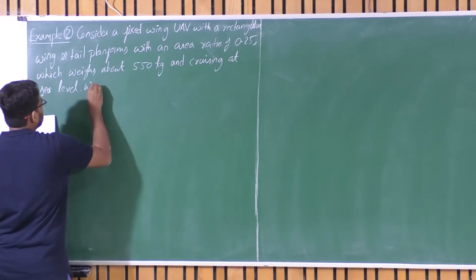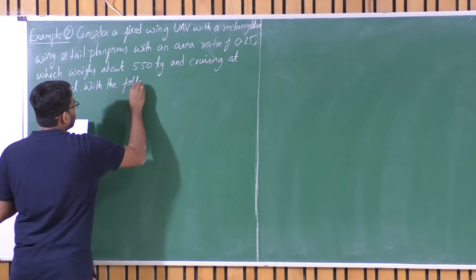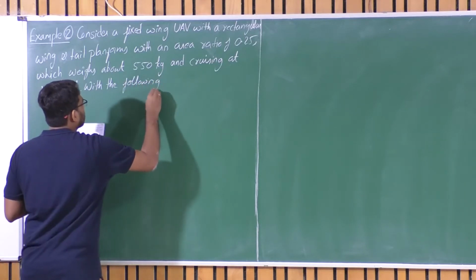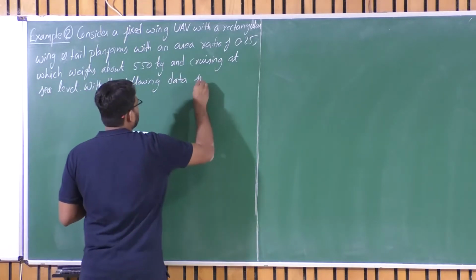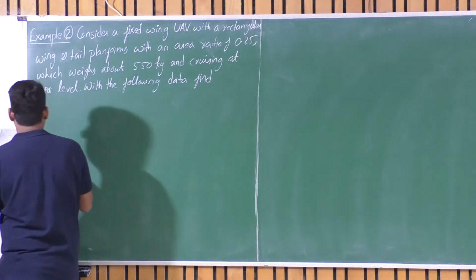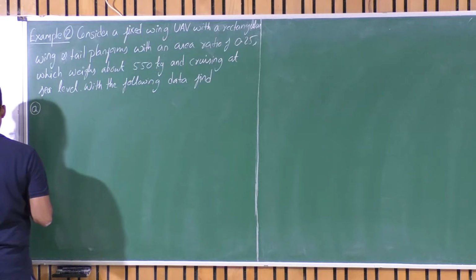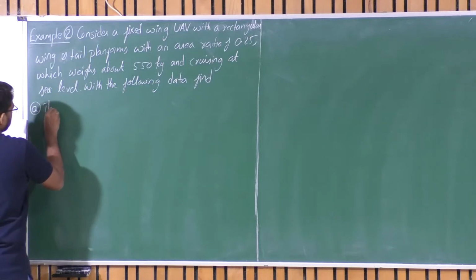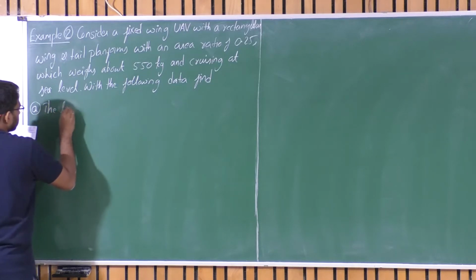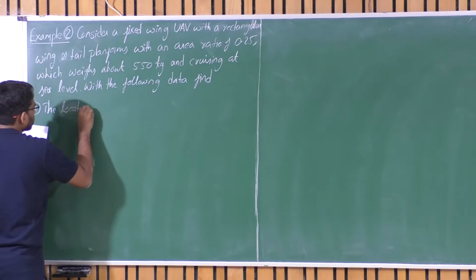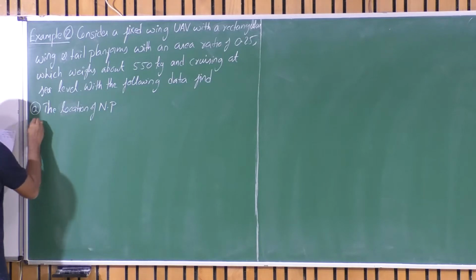So, with the following data, find: A, the location of the neutral point, I say NP, right, neutral point.